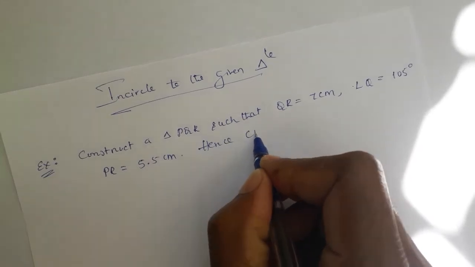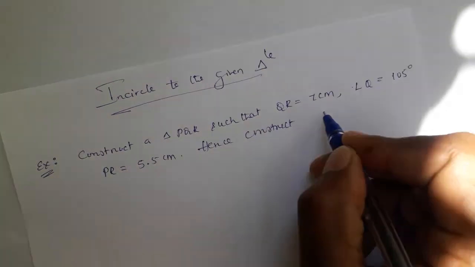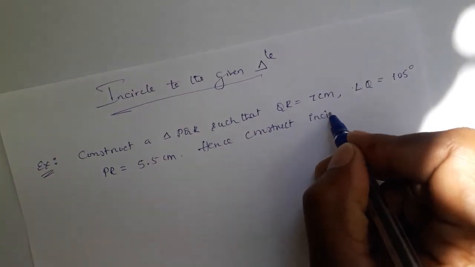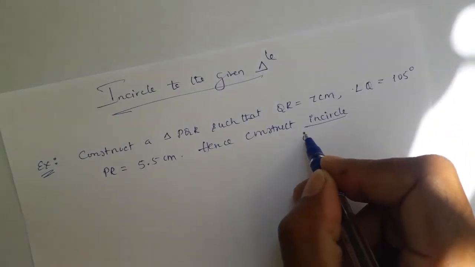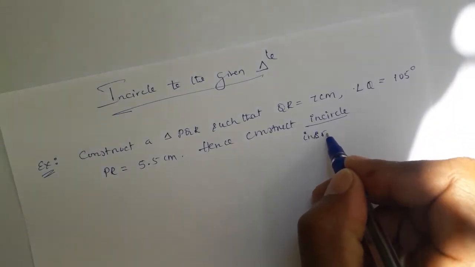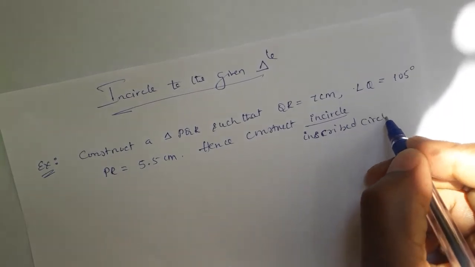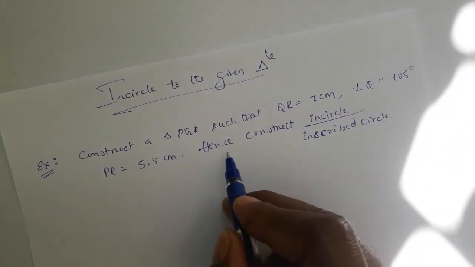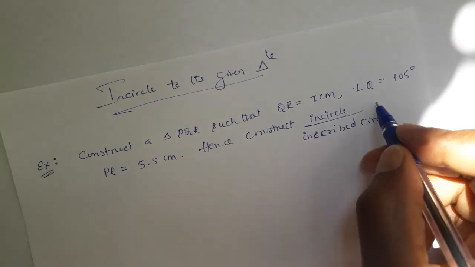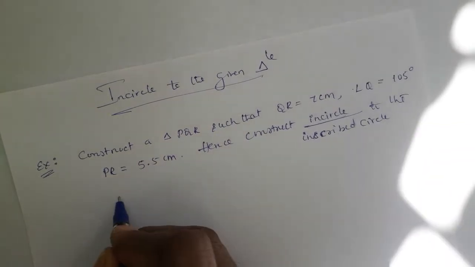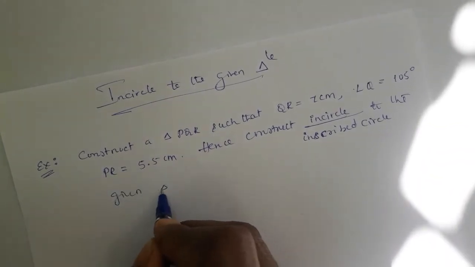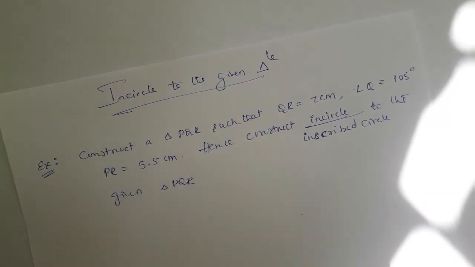Hence construct incircle. Sometimes incircle is also called inscribed circle. Remember, incircle or inscribed circle. Hence construct incircle or inscribed circle to the given triangle PQR.